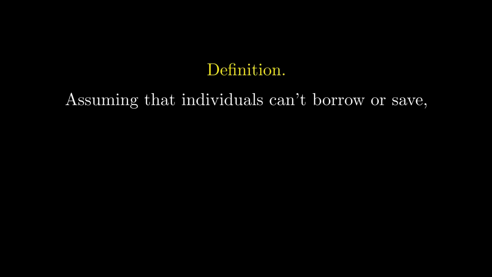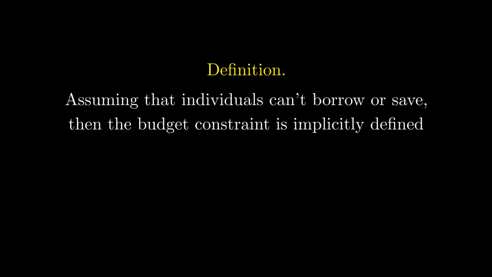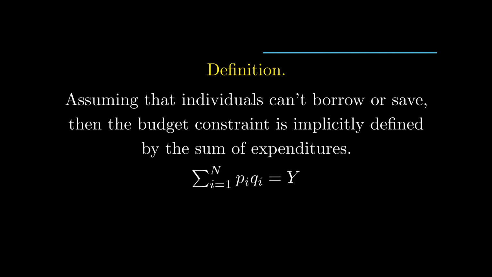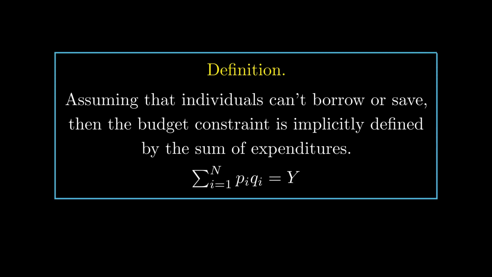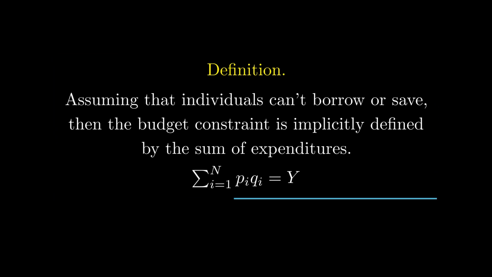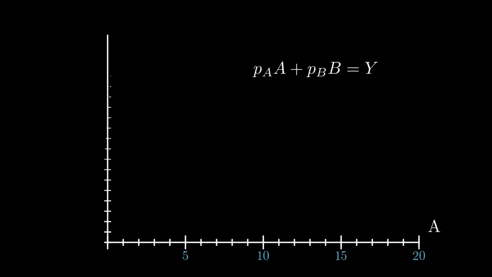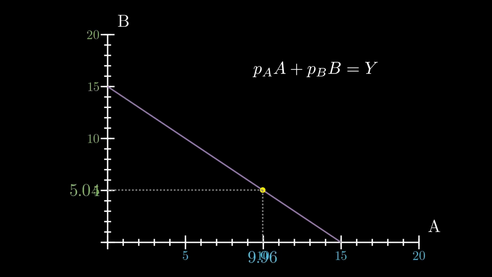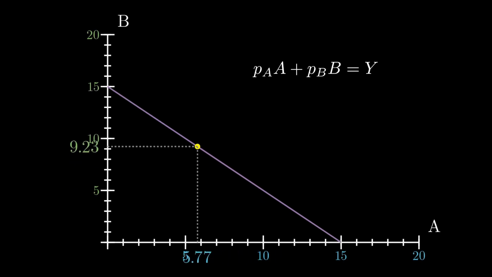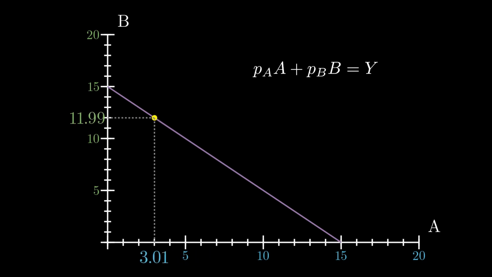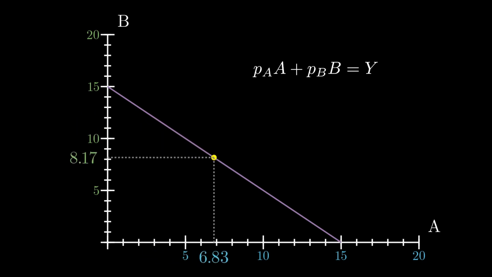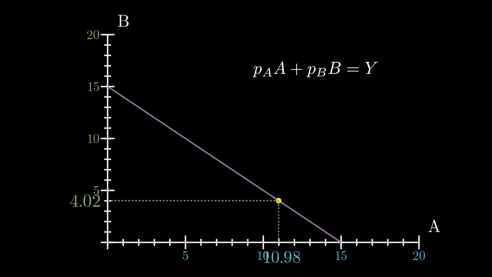Assuming that individuals can't borrow or save, the budget constraint is implicitly defined by the sum of expenditures. Going back to our two-good model of A and B, with prices set to 1 and income set to 15, our budget constraint looks something like this. Any point on or inside the line represents the choice set, and any point on the line represents full expenditure.